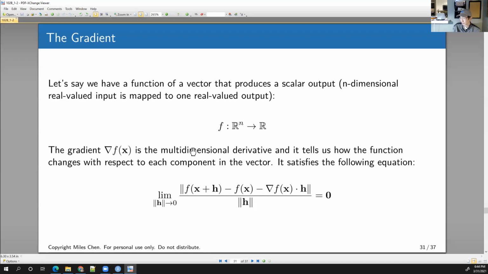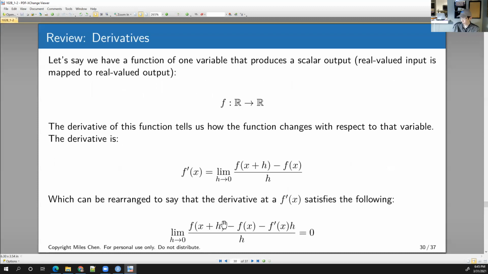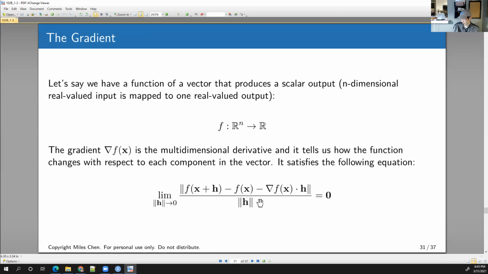It's basically like the multi-dimensional derivative, and it tells us how the function changes with respect to each component in the vector. Okay, and it's going to satisfy a parallel equivalent to this thing. And this is a zero vector here.